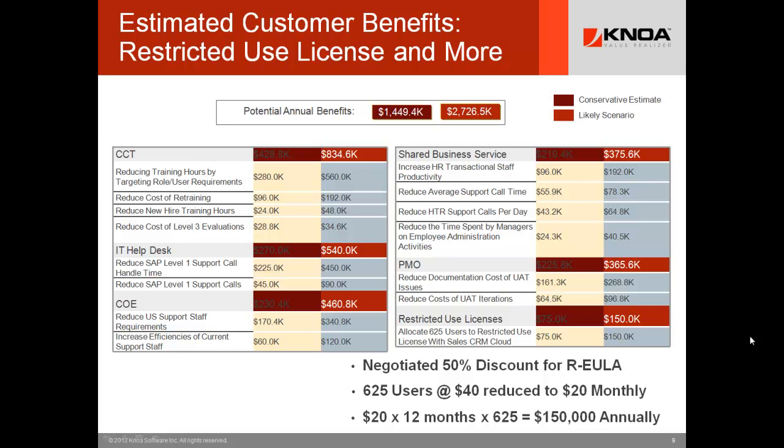In this case, out of 6,000 users, we estimated 625 might have a restricted use license for a sales CRM cloud.